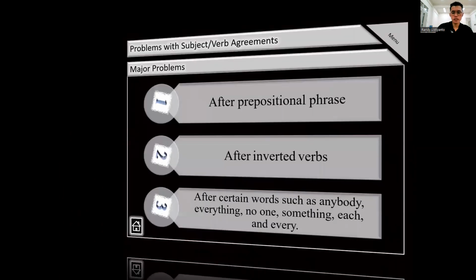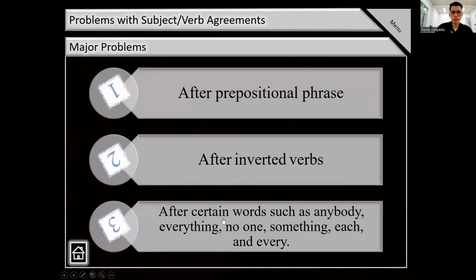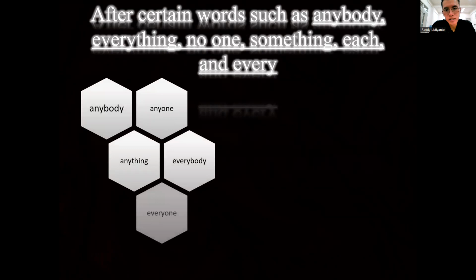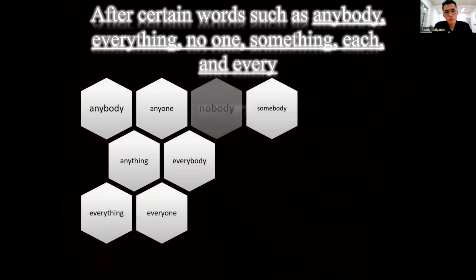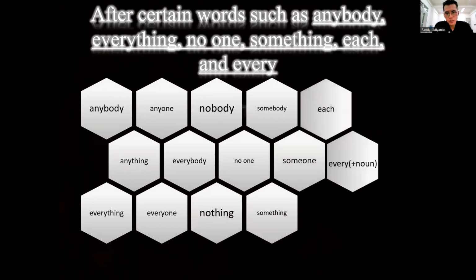The third topic is: after certain words such as anybody, everything, no one, something, each, and every, and some other words, even though they seem like many people, they are counted as singular. Anybody, anyone, nobody, somebody, each, anything, everybody, no one, someone, everything, everyone, nothing, and something. All of them are counted as singular.